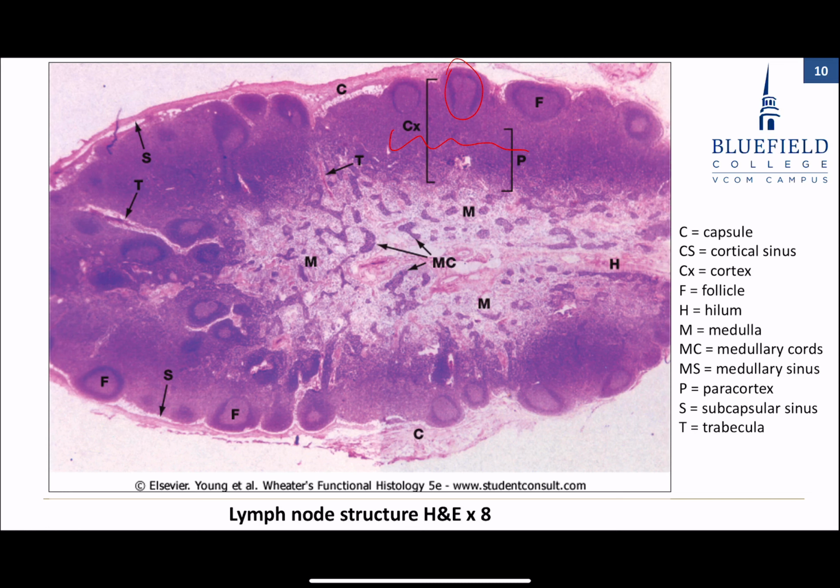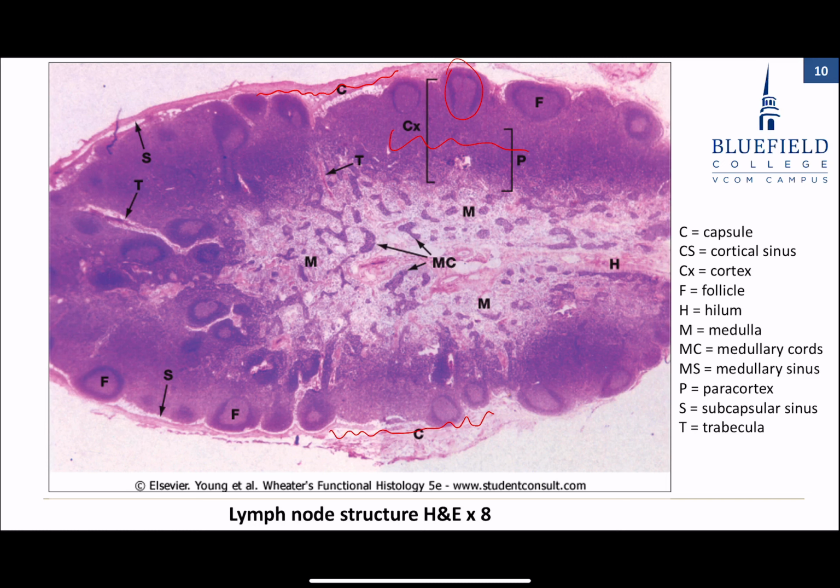Okay? Now, that also is going to have a dense irregular connective tissue capsule. You can see that up here. See that capsule surrounding it? We can see it down at the bottom as well, some places better than others. So if we look down here, I've got that dense irregular connective tissue capsule running right here as well.